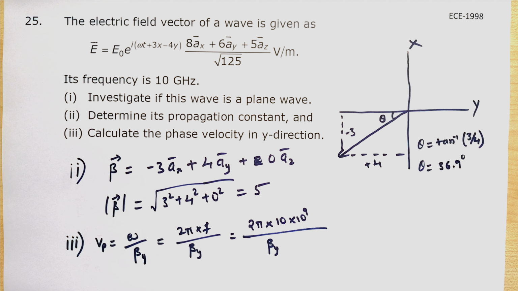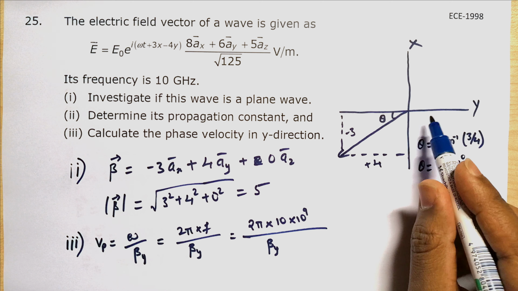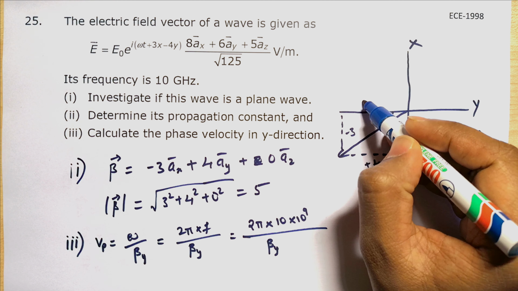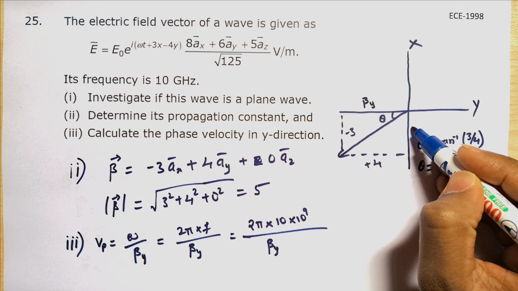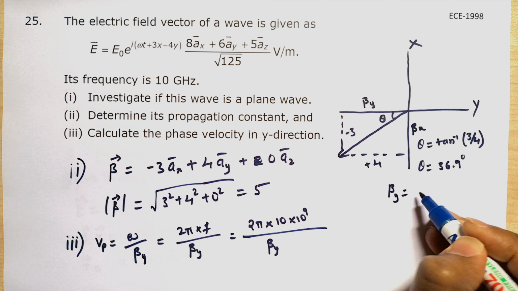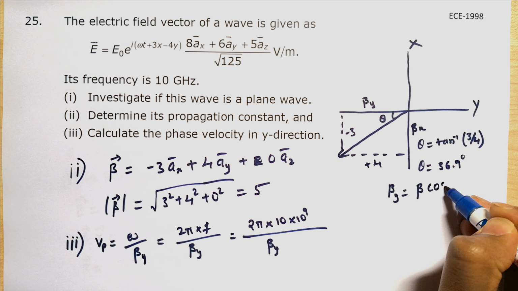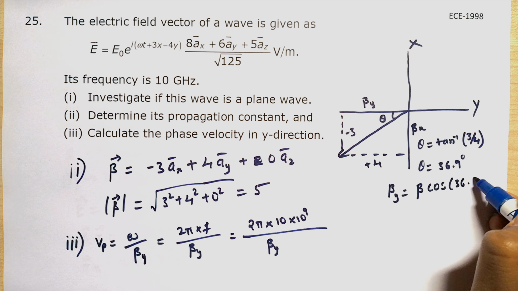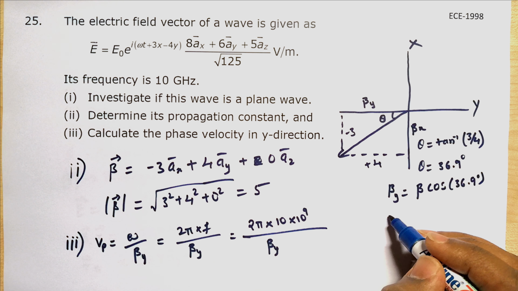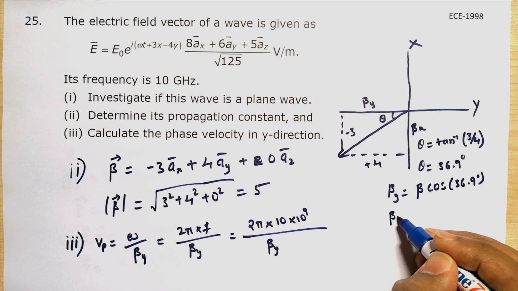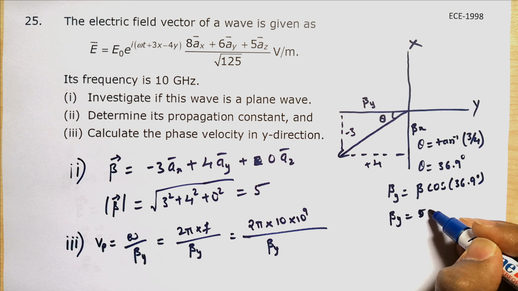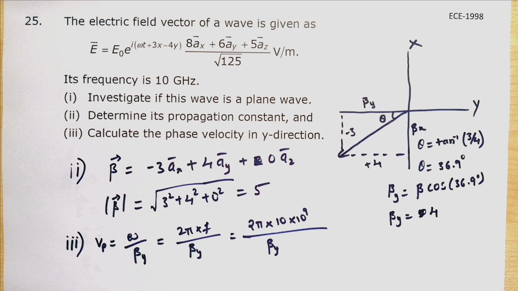So in that case, this is beta y and this is beta x, so beta y is given as beta cos 36.9 degrees. If you solve this, beta y comes out to be 4.